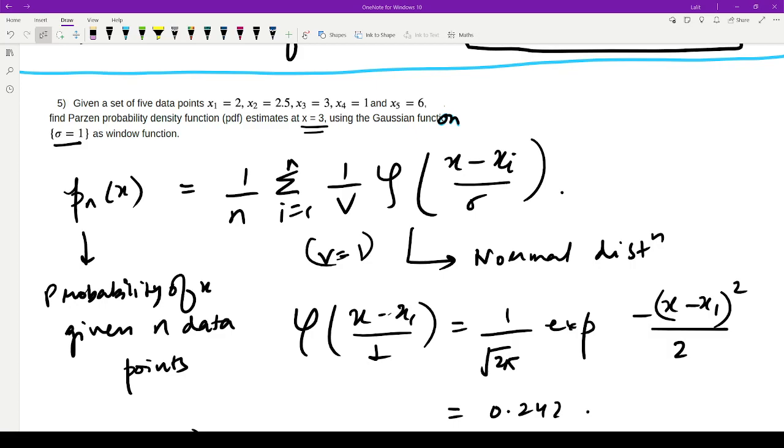Actually, this v should be the normalizing factor in such a way that this turns out to be a probability distribution, Pn of x. Otherwise, just taking the averages of normal distributions will not help. Under ideal conditions, you would have to integrate it. You can take v to be constant, take 1 by v of the other things in this expression and integrate over all values of x so that it sums to 1.